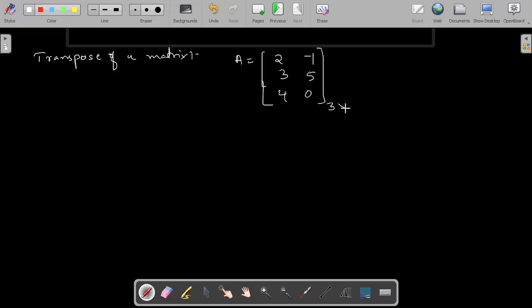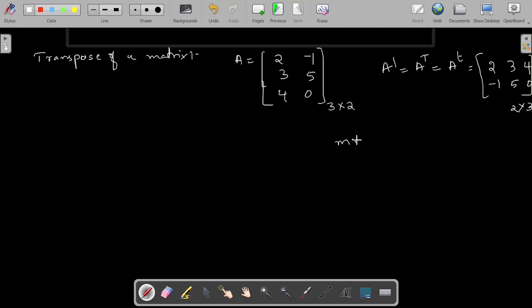Now A transpose is denoted as A dash, or which is same as A transpose, or small letter also used, that is equal to interchange rows and columns. That is row 2 minus 1, write it as column 2 minus 1, then 3 5 4 0. This is how we take the transpose of given matrix. Now it is of order 2 by 3.